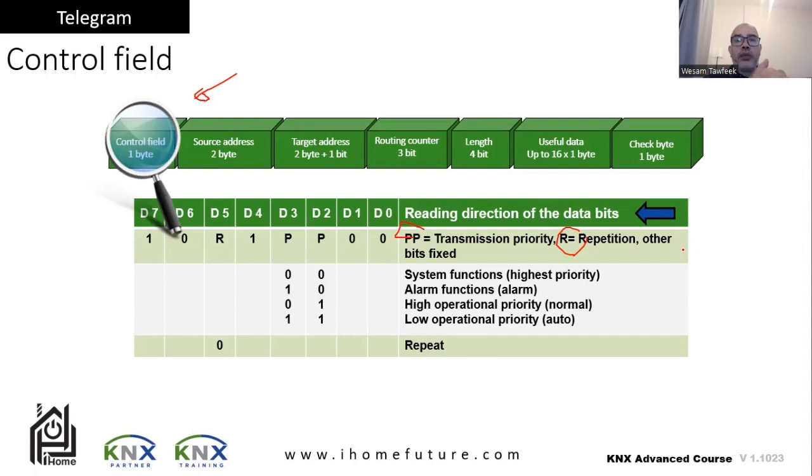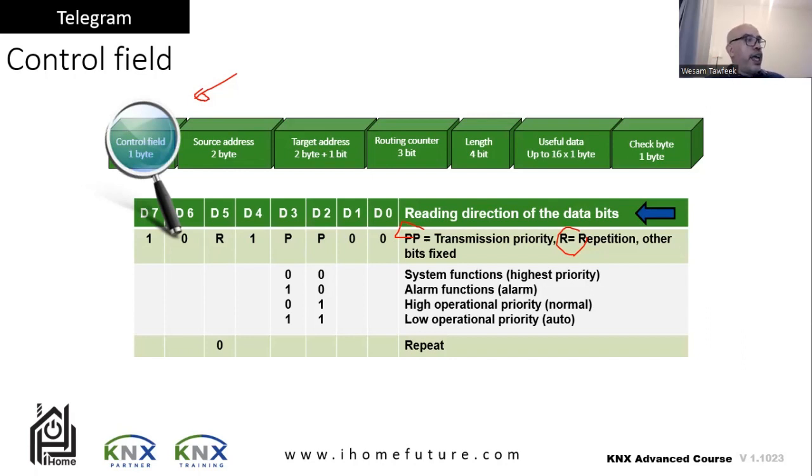And one of them says, no, I did not receive the telegram. Then I will try again to send to the group address, up to 3 times. In this case, the devices that received the telegram and already acted should not act again. So they know that it's a repeated telegram, and they don't count it. But the device that did not receive it before knows it's a repeated telegram, but for it, it's new, so it can take it as well.